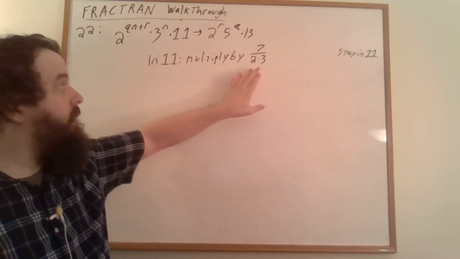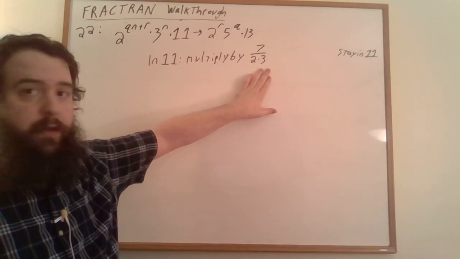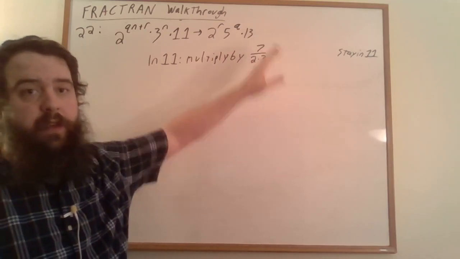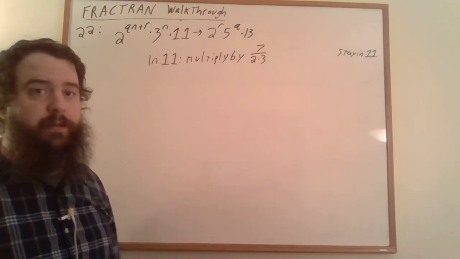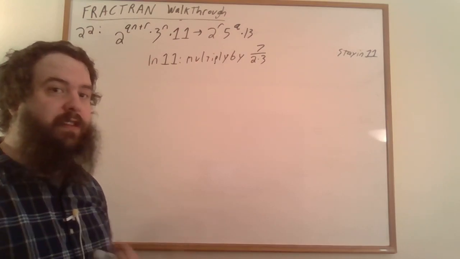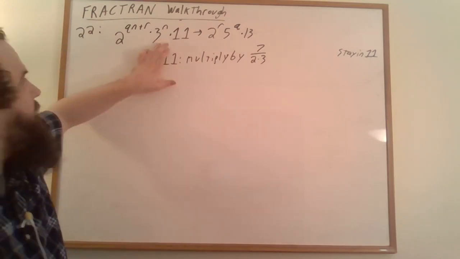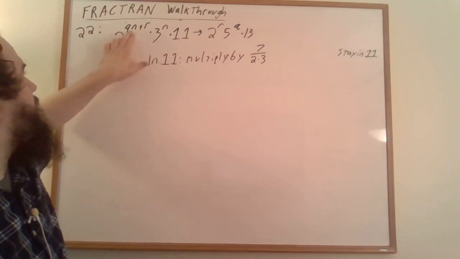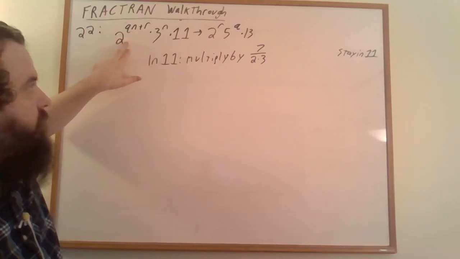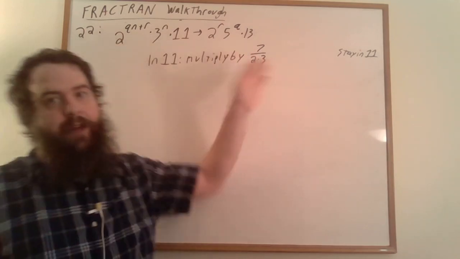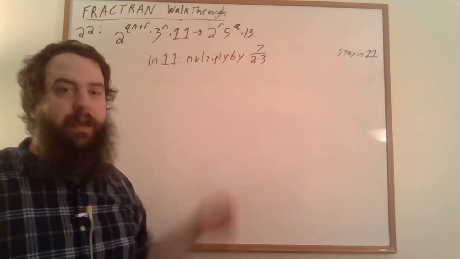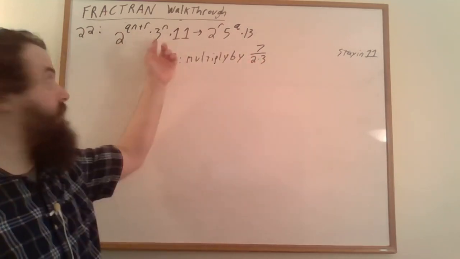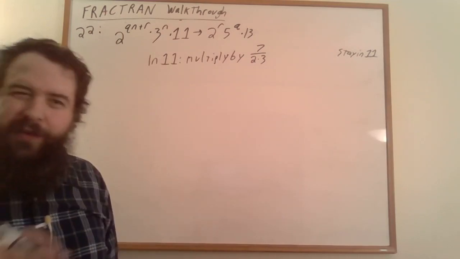This gets rid of one counter from the 2's place, one counter from the 3's place, and puts one counter in the 7's place. So once we've applied this fraction until we can't, we'll have subtracted n counters from the 3's place, and then we'll have subtracted n counters from the 2's place, and then we'll have added n counters into the 7's place, again for safekeeping. Although not quite.